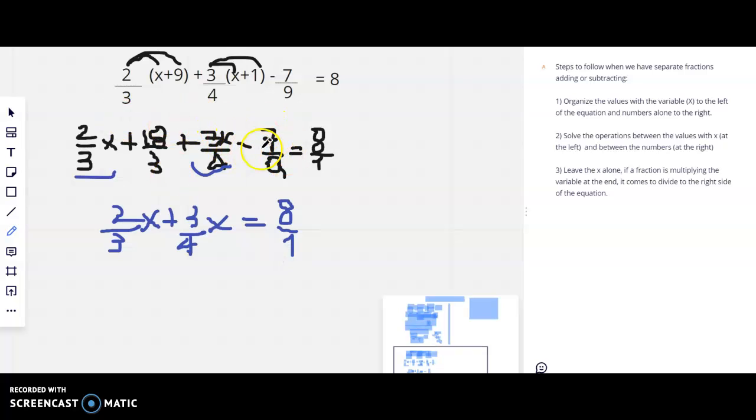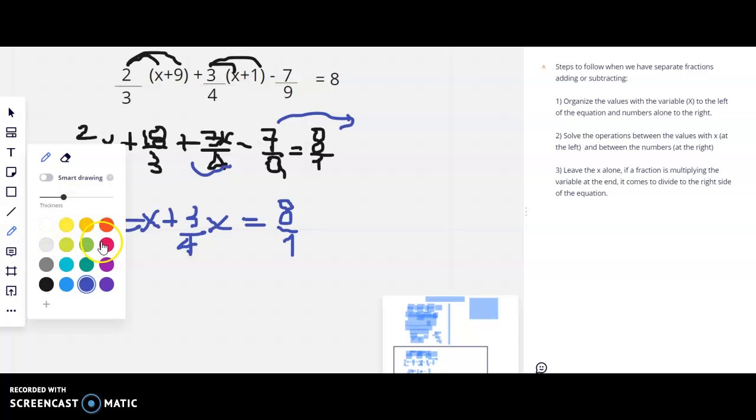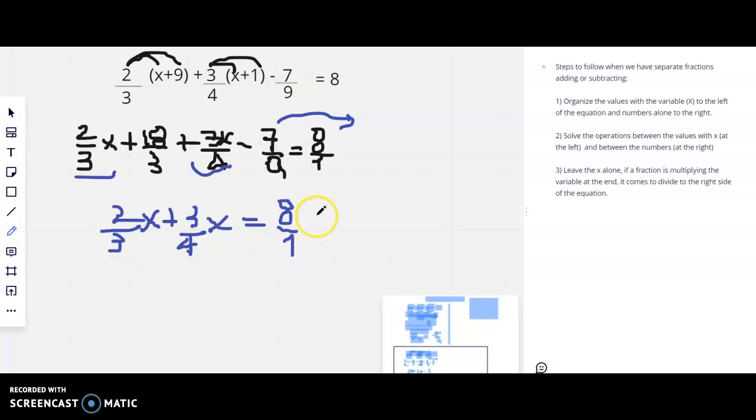This number is negative, so it comes to the other side with the opposite sign, so it will be positive, plus 7 over 9. And this 18 over 3 goes to the other side with the opposite sign, minus 18 over 3.